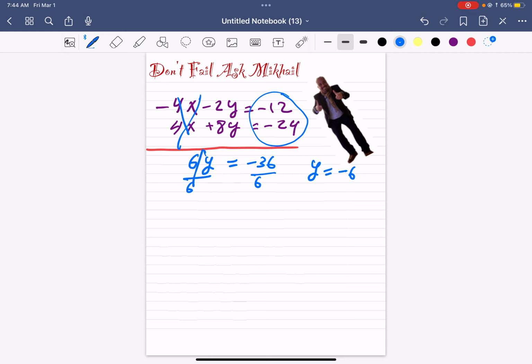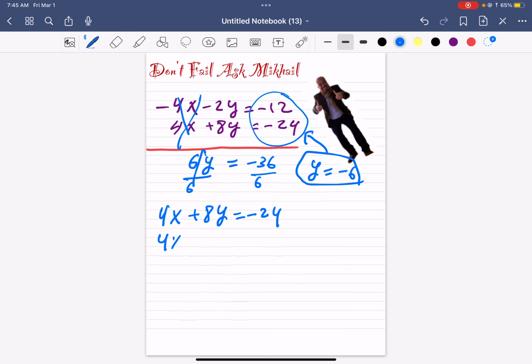All right. Now that's the value of y. I need the x. You can substitute it in an equation. Say I'm going to substitute it for y on the second equation. I have 4x plus 8y equal negative 24. You can use either or. Instead of y, I'm going to put negative 6.